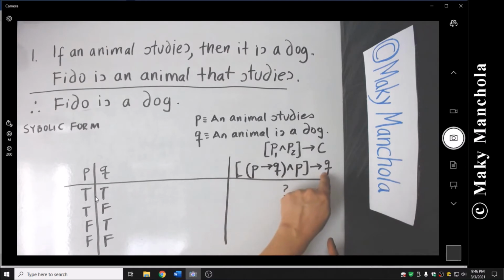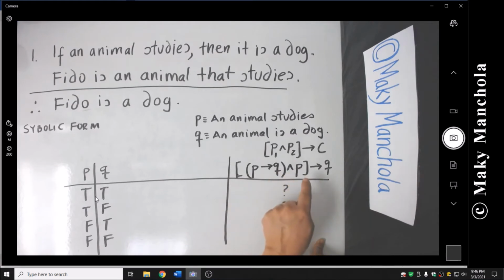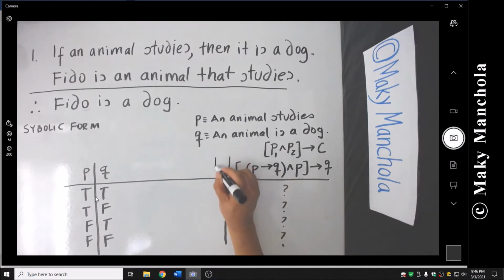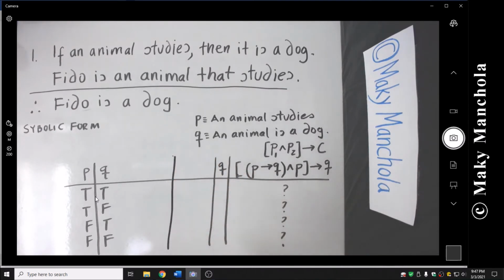In order to compute this conditional, we need the truth value of Q, and then we need the truth value of P implies Q and P. So let's make two separate columns for that. Q, P implies Q, and P.